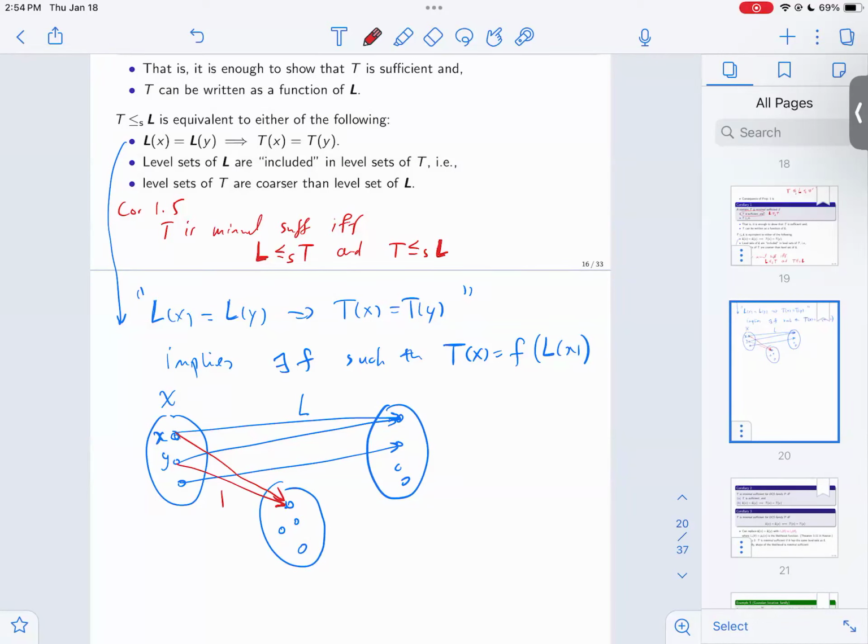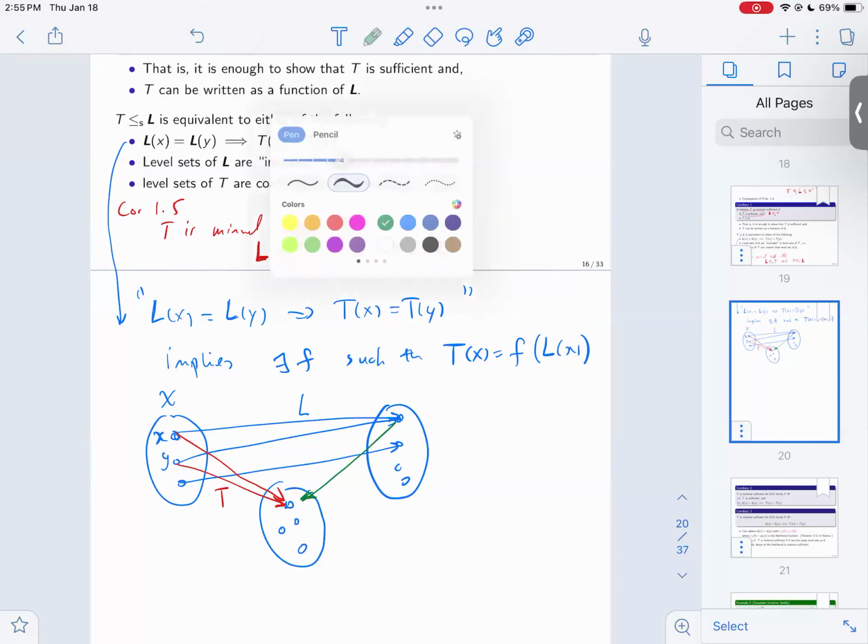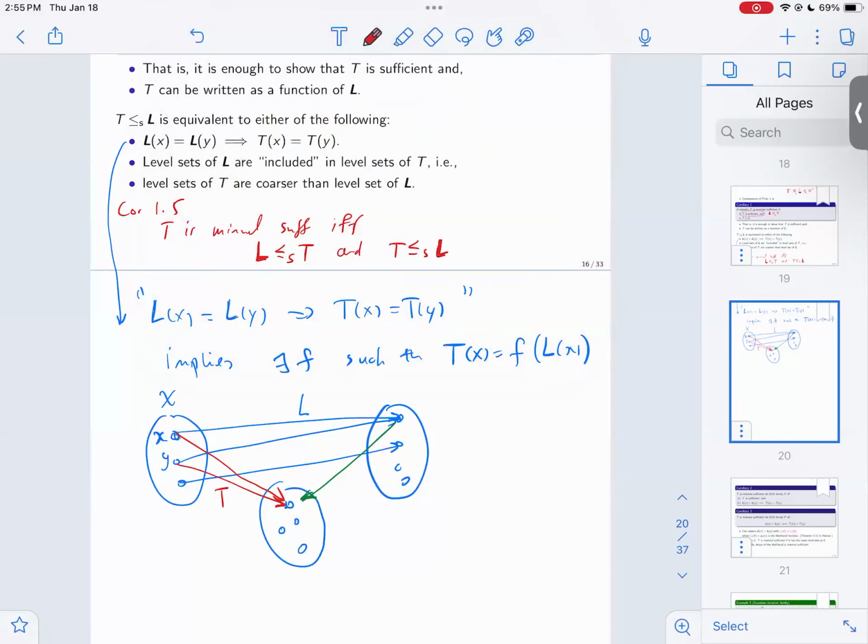So whenever this happens, then I can map this just to that, and then I would get a function. And the other one, let's say in this case, T maps it to somewhere else. I just map this guy to this. So that would be my F.